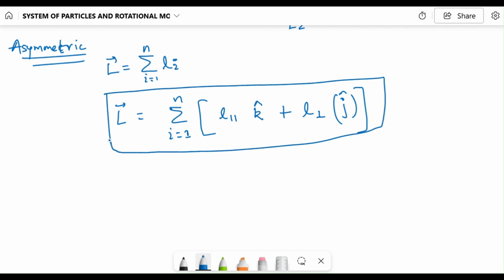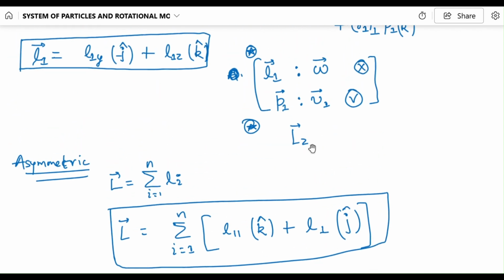That's why I'm saying this angular momentum is not completely along the z-axis, but the angular velocity is along the z-axis. So this point should be noted: angular momentum is along the z-axis in the symmetric case only. If the body is asymmetric, the angular momentum may not be along the angular velocity.